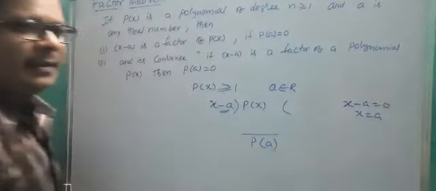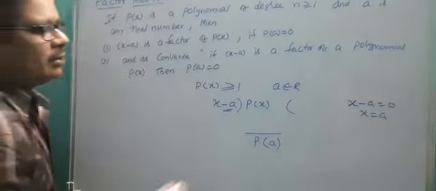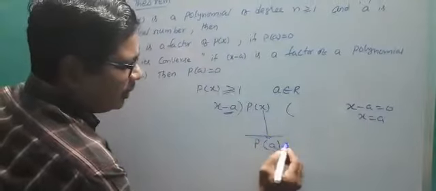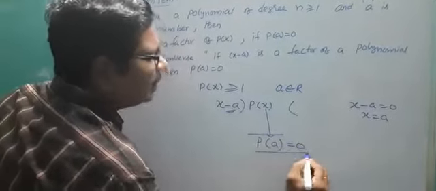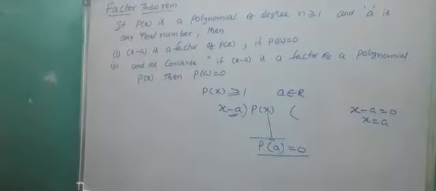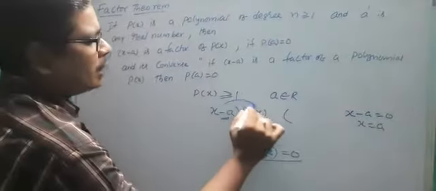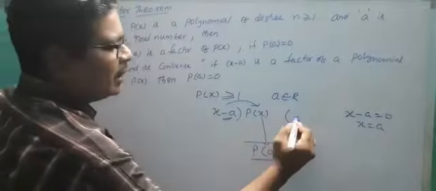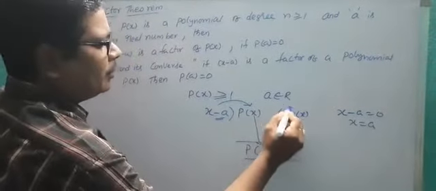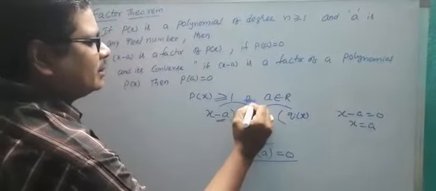So the remainder is p of a. Instead of x you substitute a. Now the remainder equals 0. That means both divisor and quotient are factors.